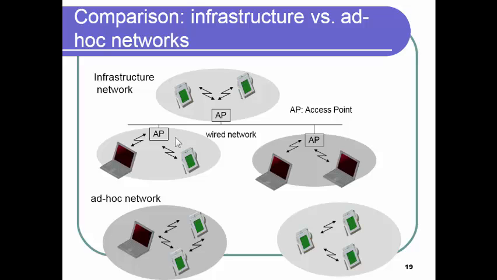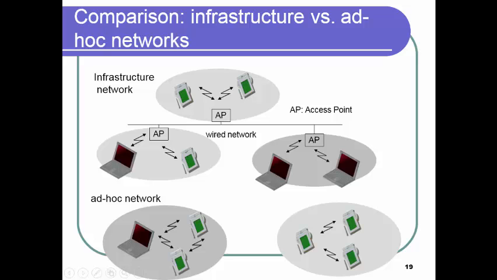Now in these two figures, the comparison of infrastructure and ad hoc network is given. In the first figure, the Ethernet cable or backbone cable is connected to a number of access points, and these access points, AP meaning access points, are responsible for providing wireless service in the building premises.